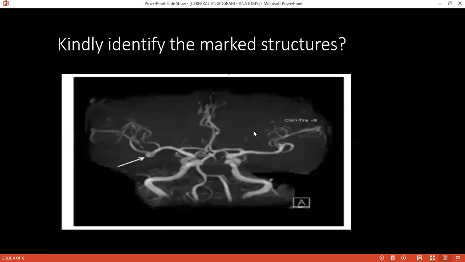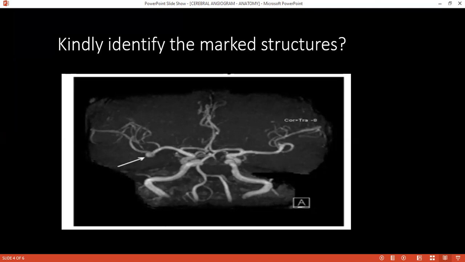If you're looking at this image, can you identify this structure pointed at with the arrow? I don't know, I'm asking. Okay, this is the anterior cerebral artery. Okay.